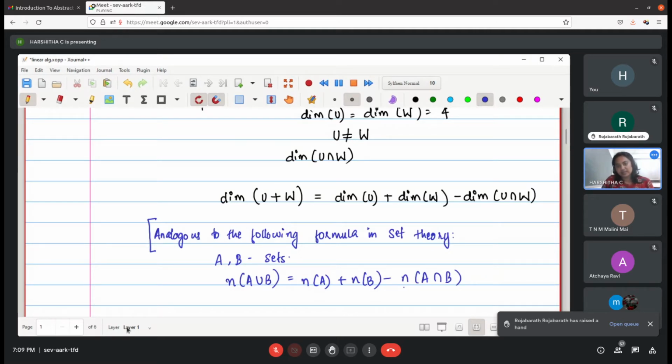Here N of A is the cardinality of A, and to not lead to unnecessary confusion, let's take finite sets.